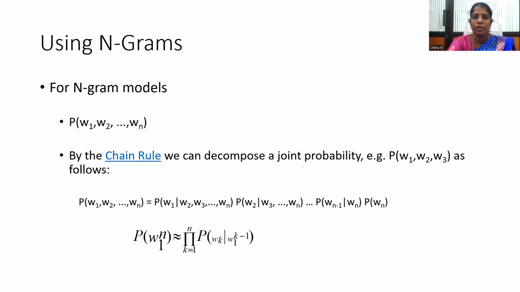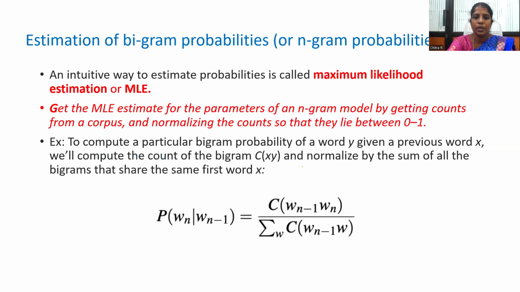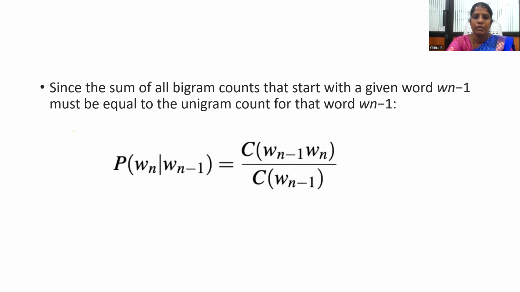You remember this formula? In the N-gram model, we are using the chain rule to predict. Next possibilities are checked to find the probability of each and every sentence. We are also dealing with maximum likelihood estimation. This is the formula to find the probability. Probability of Wn given Wn minus 1 equals count of Wn minus 1 followed by Wn, divided by count of Wn minus 1.